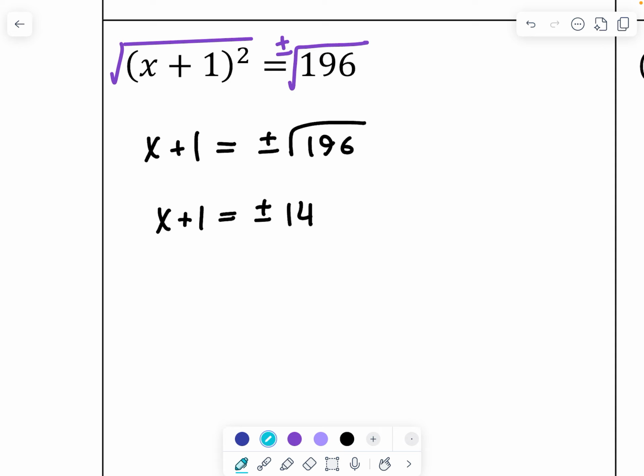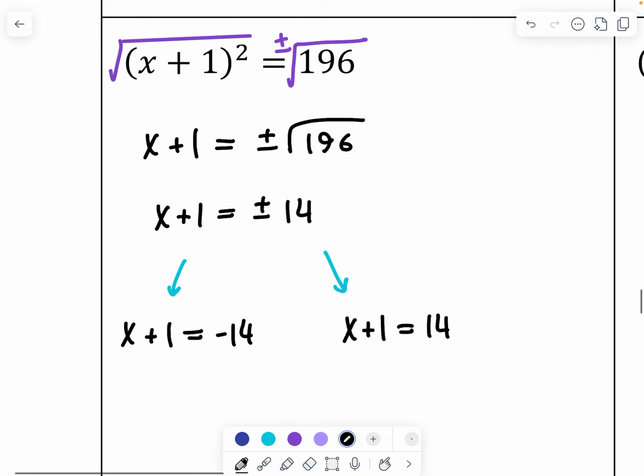So this is not something we've had to do before, but I'm going to break off into 2 equations, and we're only going to do this when you are dealing with a perfect square number. Anyways, you have 2 possibilities, negative 14 and positive 14.